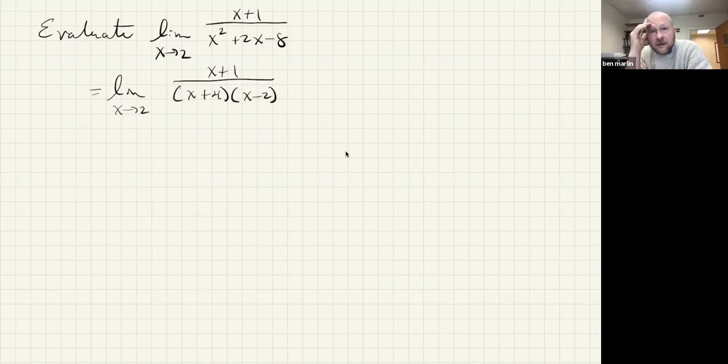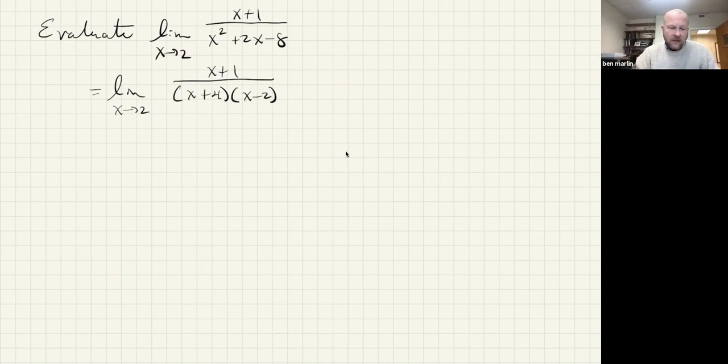You might be tempted to try to cancel the x and the x plus 1 with the x and the x minus 2. If you do that, you have problems with your algebra. When you want to cancel from a numerator to a denominator, it has to be something that's multiplied. So it has to be a factor of the whole top before you can cancel it with something on the bottom. There's no cancellation going on here.